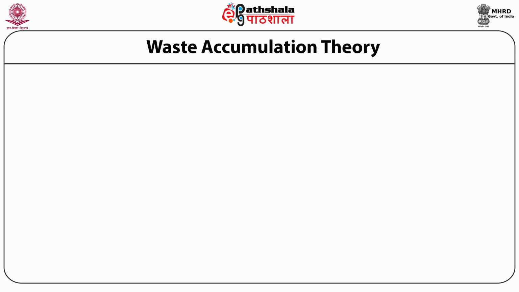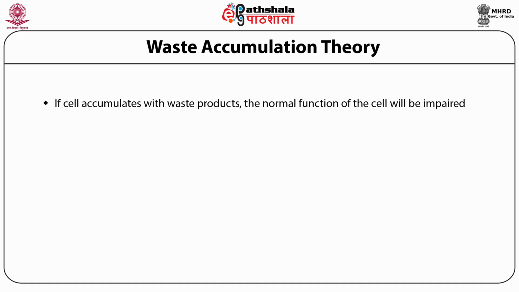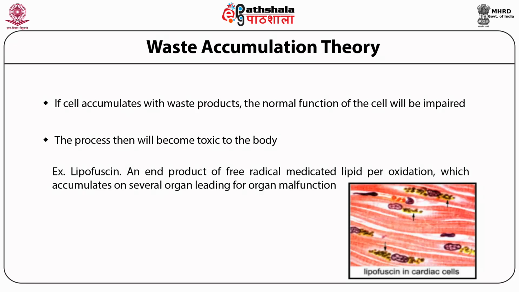Waste accumulation theory. Accumulation of waste products due to normal metabolic processes in the cells is the main feature of this theory. Once cells accumulate waste products, the normal function of the cell will be impaired and the waste itself will become toxic to the body. Accumulation of lipofuscin pigment is an example of this waste material.